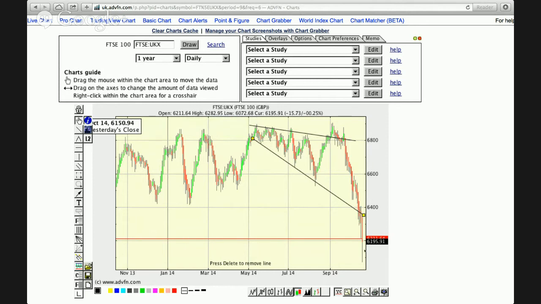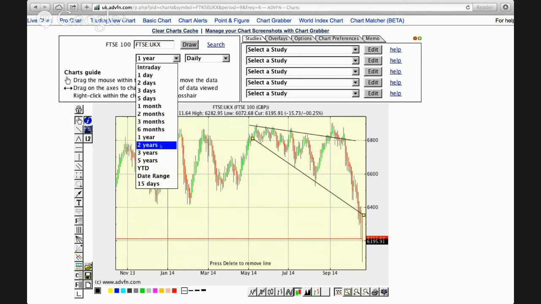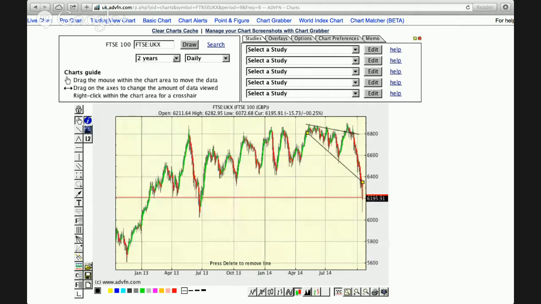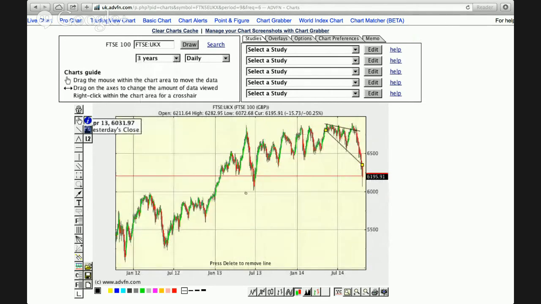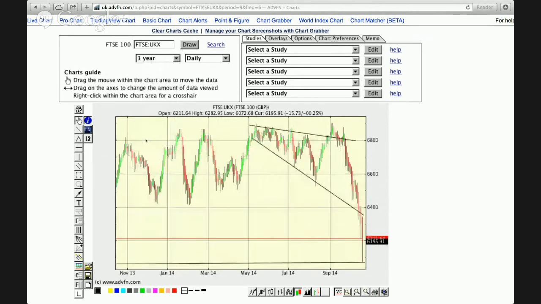Okay, so yeah, so we see a huge movement down in the FTSE 100. Okay, I'm just going to again draw this line across, to identify our support line.